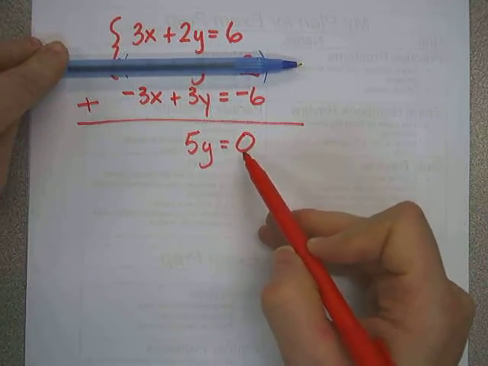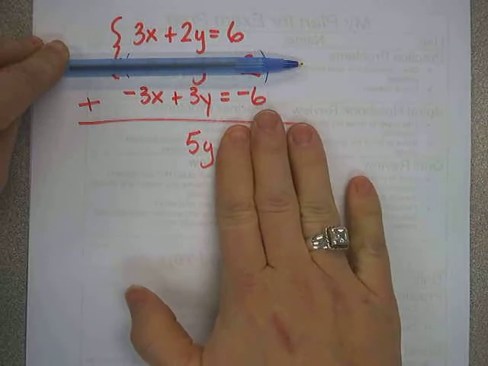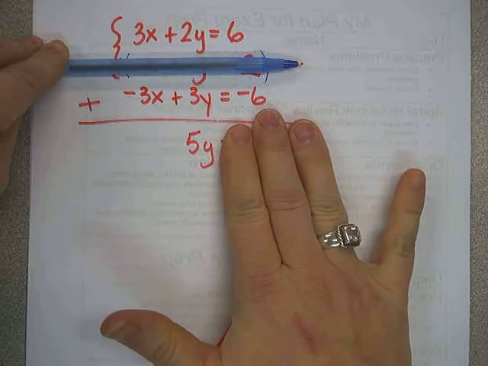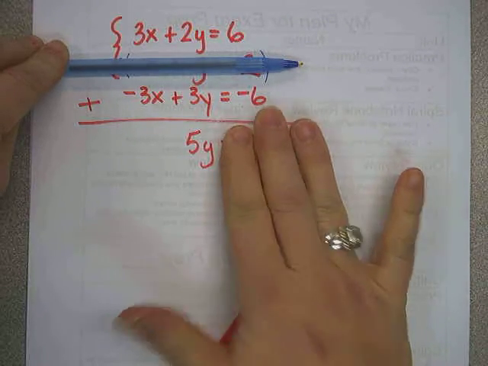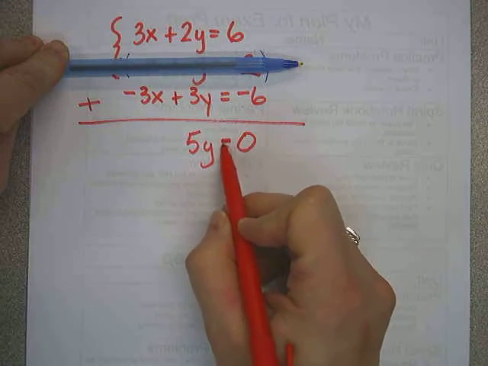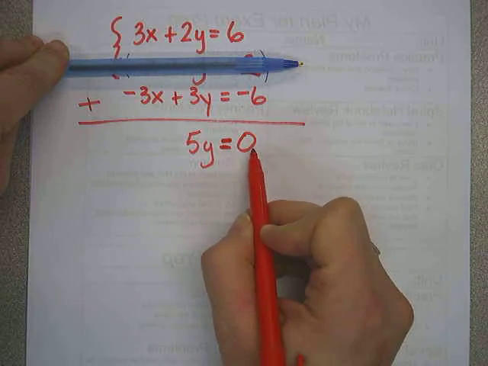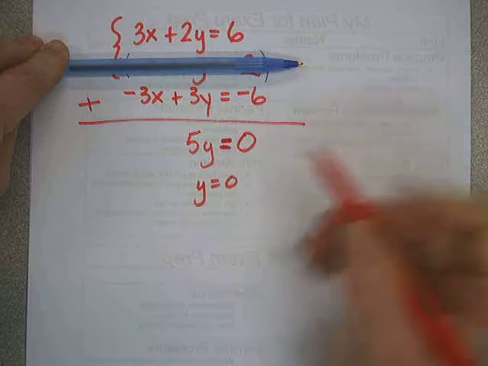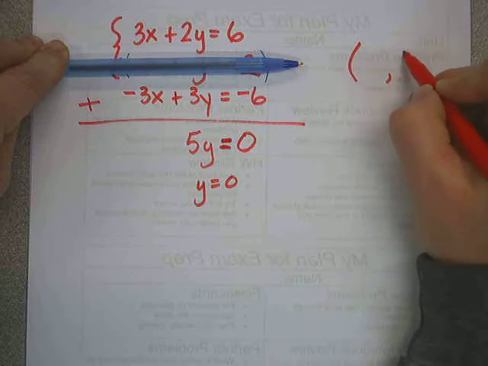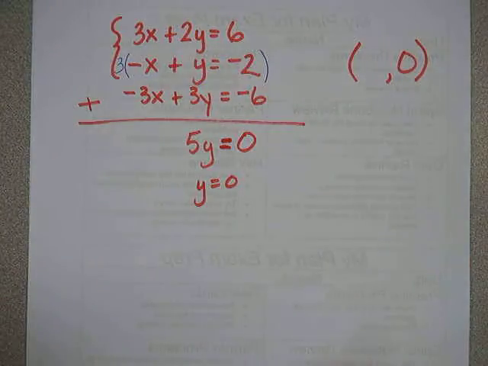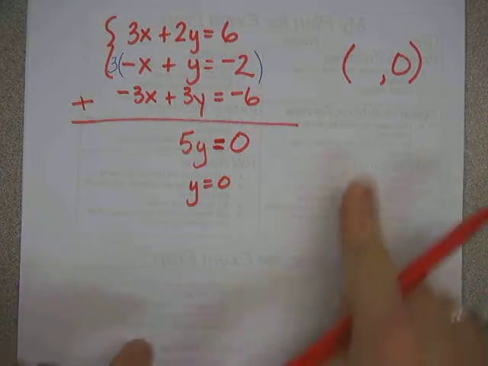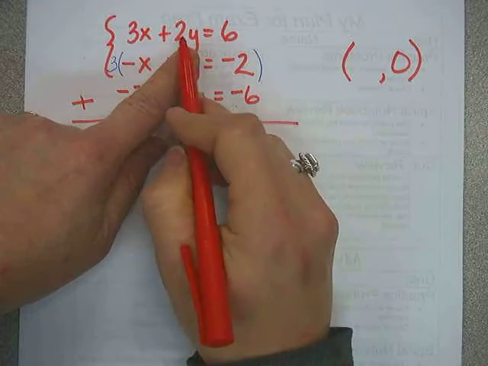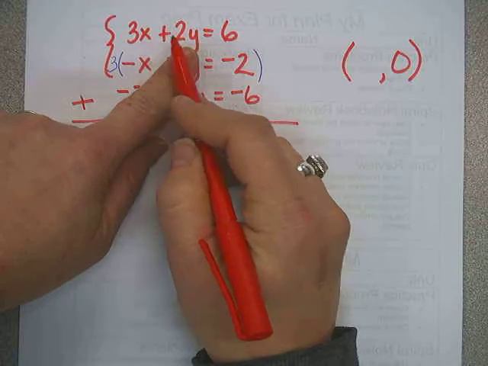And 6 plus negative 6 is 0. When an equation ends with just the left side having a 0, many of you don't finish out the equation and you just get 5y and you're not quite sure what to do. Don't be afraid to set an expression equal to 0 and then continue. Divide both sides by 5, y comes out to be 0, and you're halfway home.